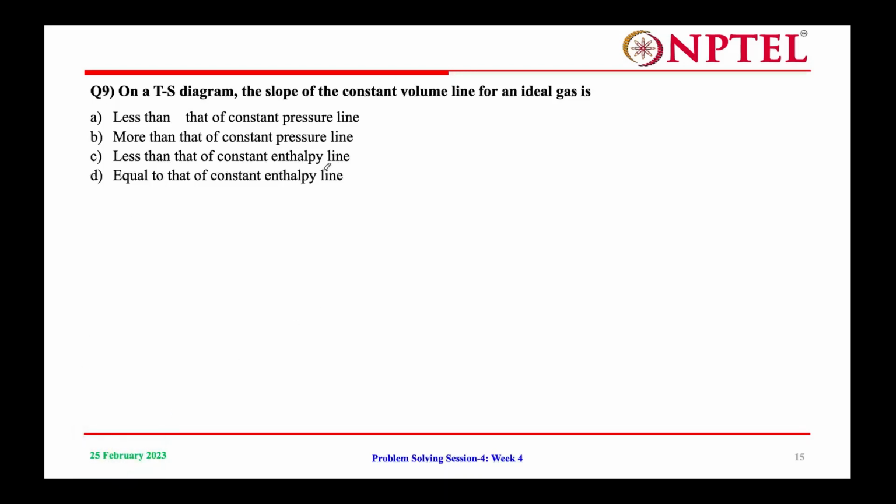I'll try to solve this one on the TS diagram. The slope of the constant volume line on the TS diagram means dT by dS at constant volume lines.